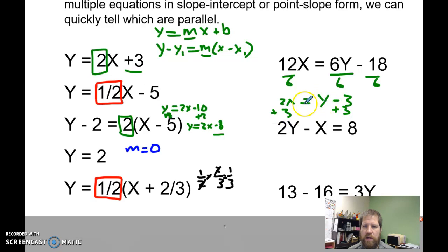I would have y equals 2x plus 3. Y equals 2x plus 3 is the same line as my line up here, which means these are not parallel, these are the same line. But this equation is parallel to this line because these two have the same slope and different y-intercepts.